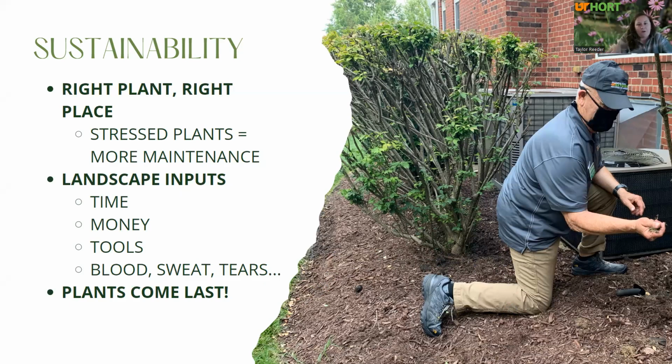And euonymus hate wet feet. They hate sitting in the wet. And it's hard to tell in this picture because it cut off, but there's a drain coming down from the roof that puts water out into this landscape. And so what we determined, and what you probably have assumed from this, is we were getting water from the roof in this one spot, as well as the air conditioning unit condensating.